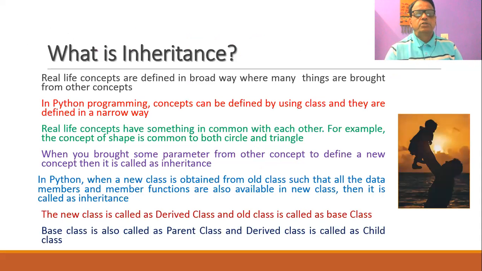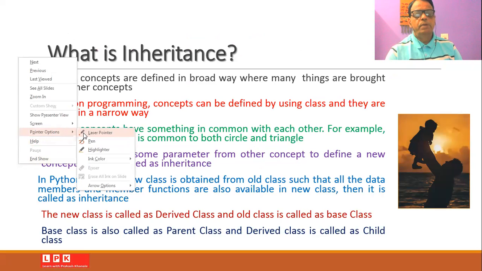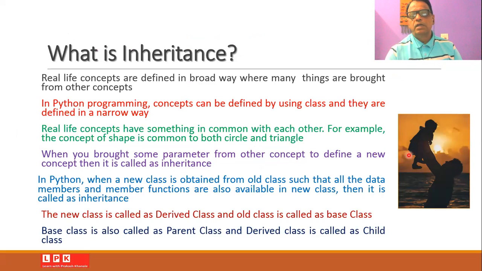So let us start the session with the question: what do we mean by inheritance in the Python programming language? Friends, you know that all human beings have a certain skin color, a certain look, and a certain height.